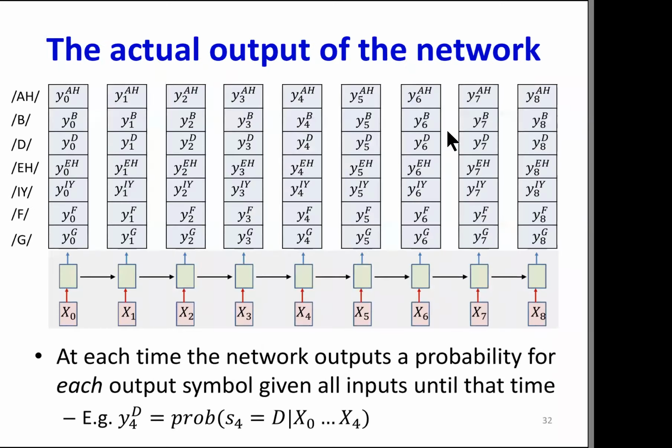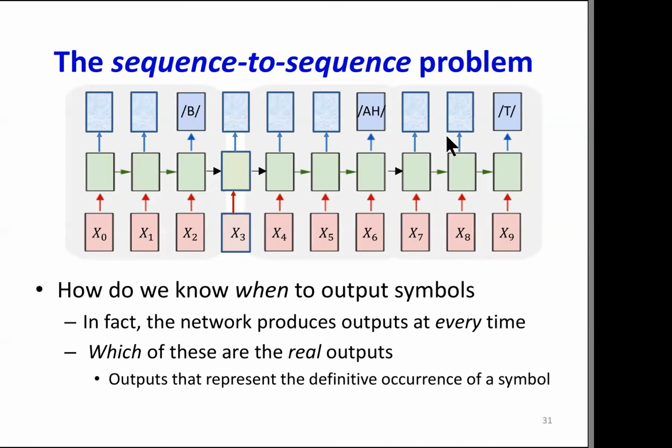So how do you deal with it? To deal with it, we first have to consider something. The point is, at each time, the output of this network is really a probability distribution over all the classes. If you're performing speech recognition, it's going to be a probability distribution over all the phonemes in the language.